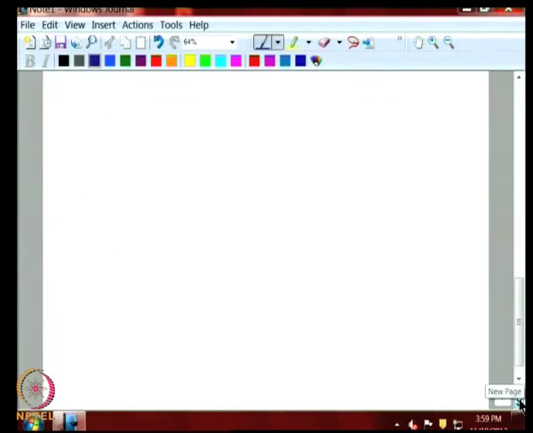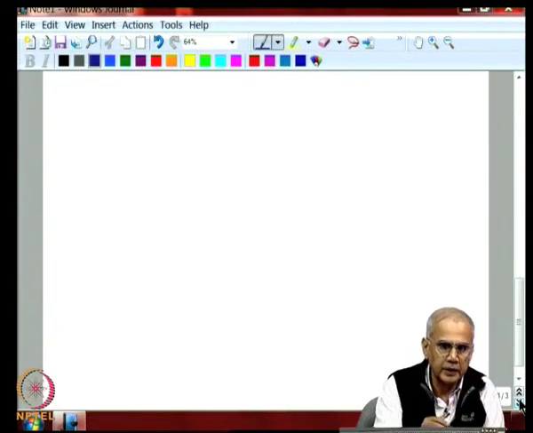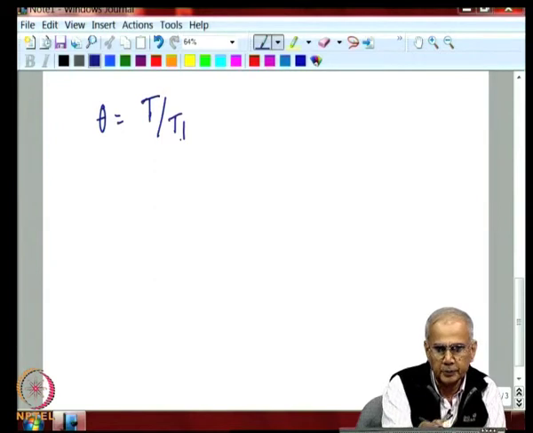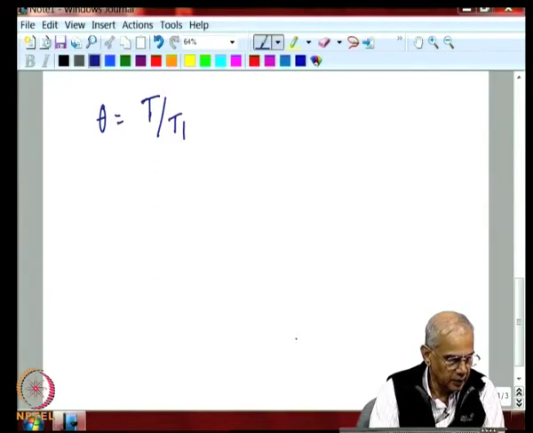So, if you look carefully, you can see that if you define a non-dimensional temperature as T by T1, you can do it various ways, but this is one of the ways, then you will have two parameters coming out of this analysis.